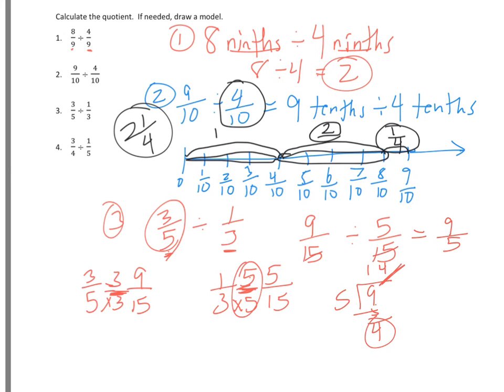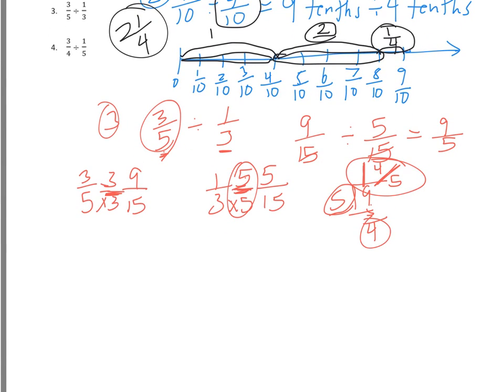And I know my denominator for this is going to be my divisor, or the number I'm dividing by. So 1 4/5. I'm going to now do a tape diagram to show this because I haven't done one yet. So I'm using the 9/15 and the 5/15. So I'll do a tape to show 9 here.